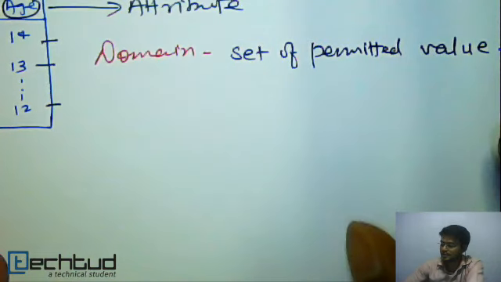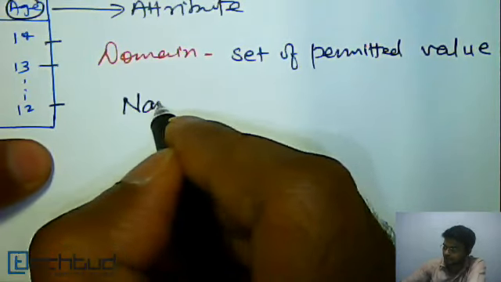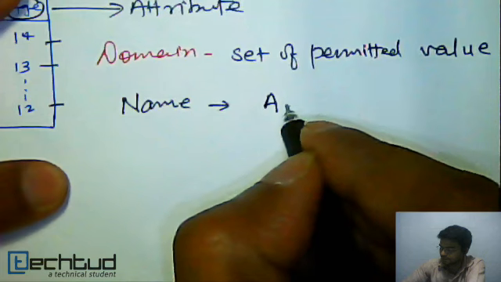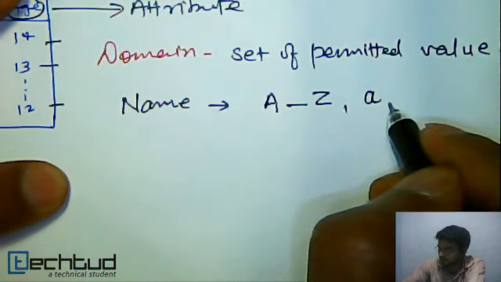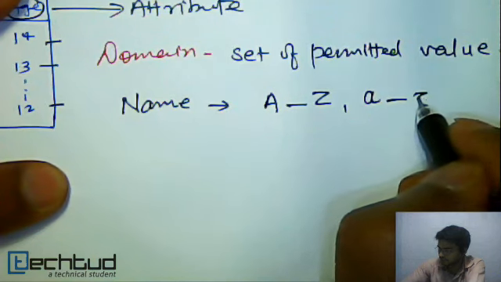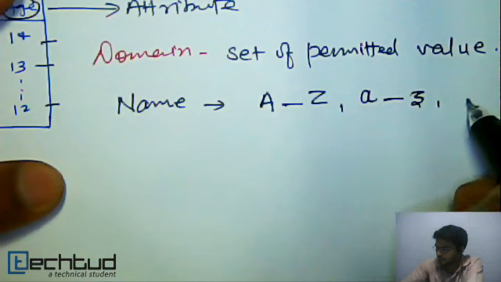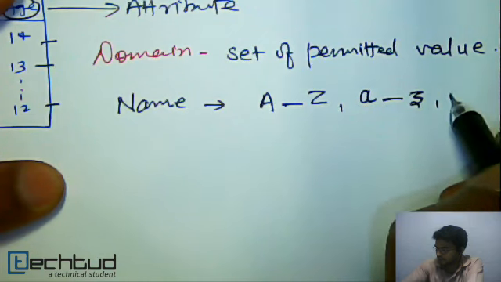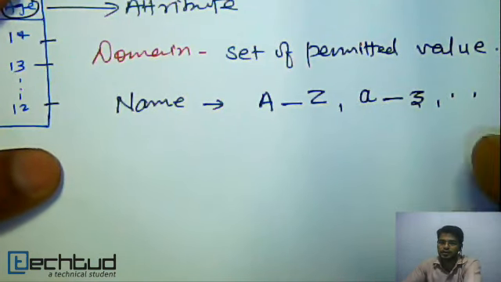Okay, so if you consider here name, if we only allow name to have capital letters, small letters, and a space, consider this as space character. Okay, a space. So this is the domain of this name attribute.